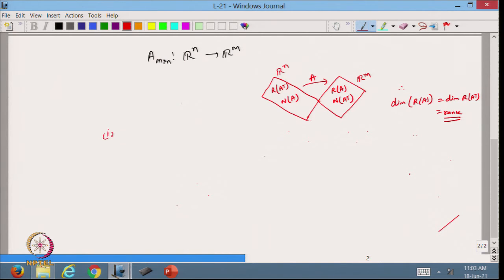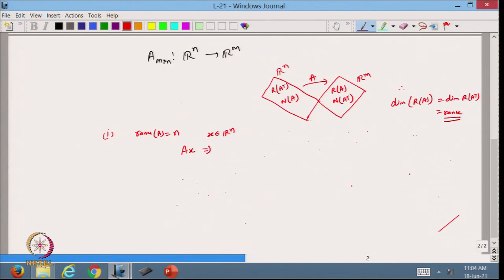So, the first one says if and only if, let us say that the rank of matrix A is equal to n. Now, x belongs to Rn, and suppose I have Ax, and the rank is n.